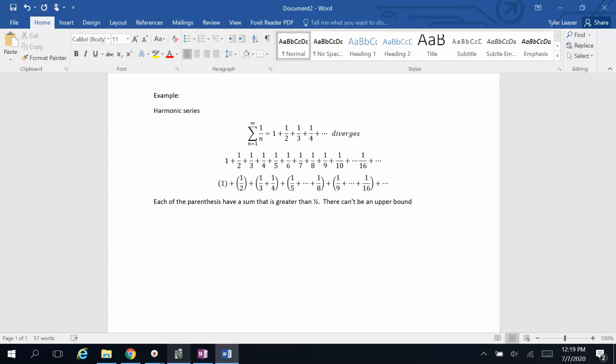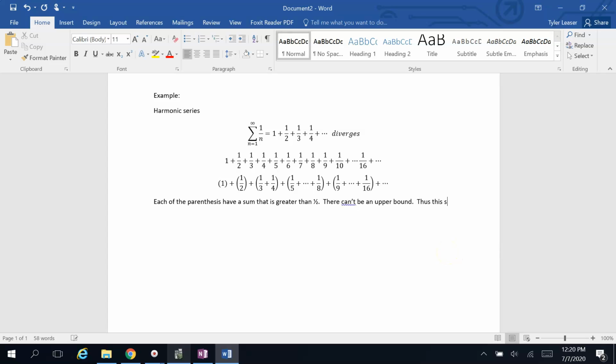If you do choose an upper bound, say you choose 100, that just means you would have to find 200 of these groups, and you're already bigger than that upper bound. Every single upper bound that you pick, I can group stuff together to show you that we're actually bigger than that upper bound. Therefore, it's not really an upper bound.